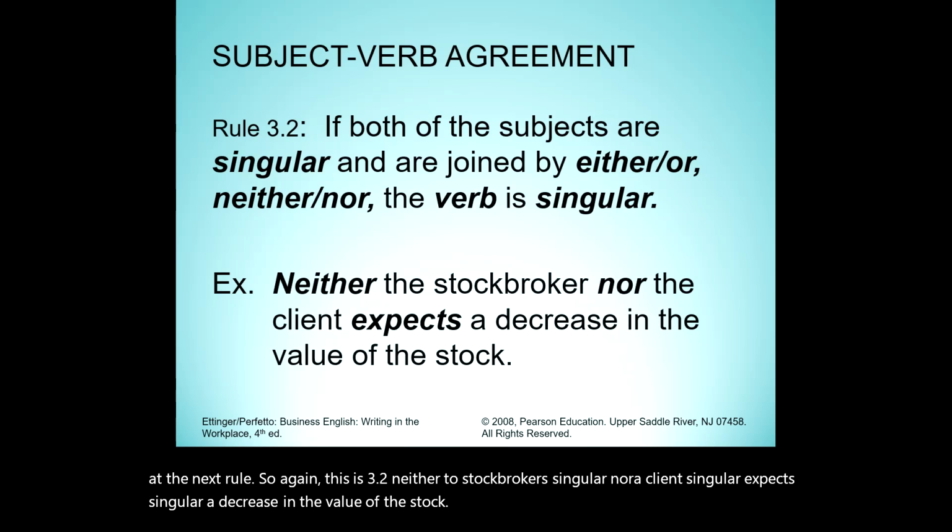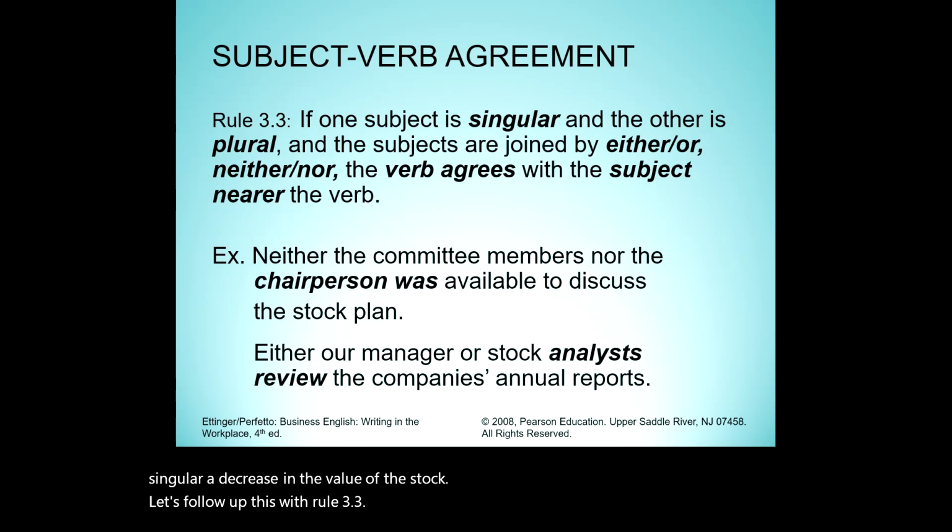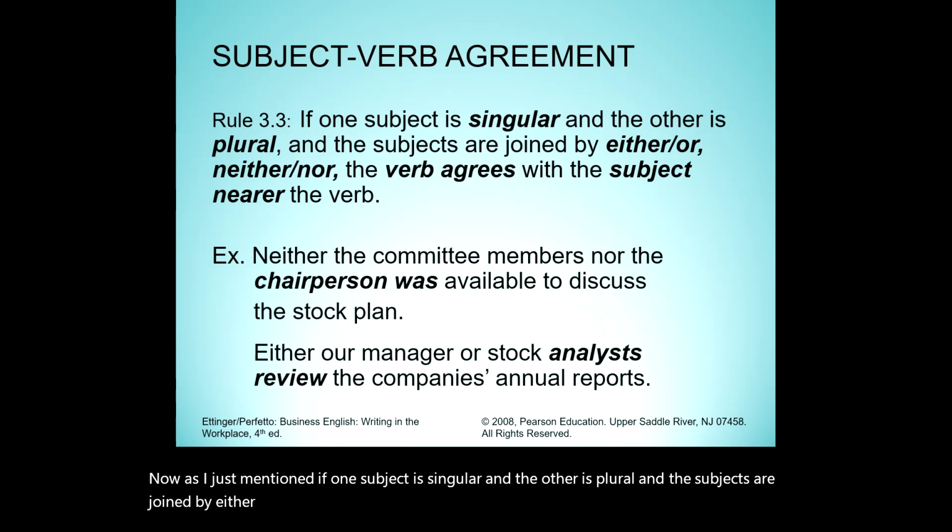Let's follow up this with rule 3.3. Now, as I just mentioned, if one subject is singular and the other is plural, and the subjects are joined by either or, neither nor, the verb agrees with the subject nearer to the verb. All right, so here is an example.